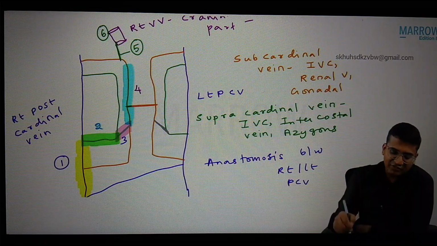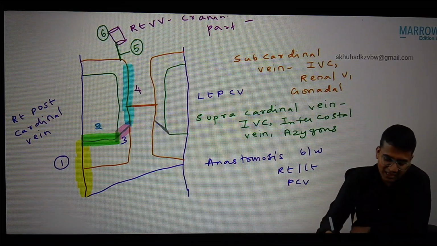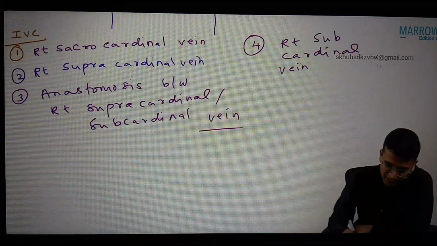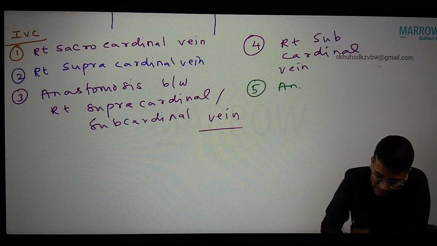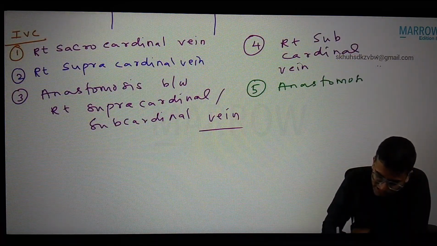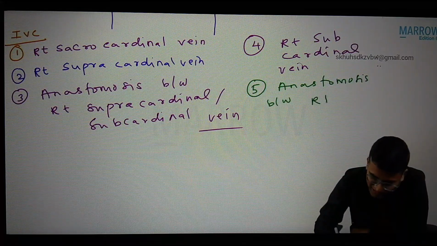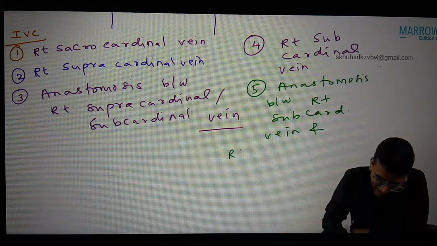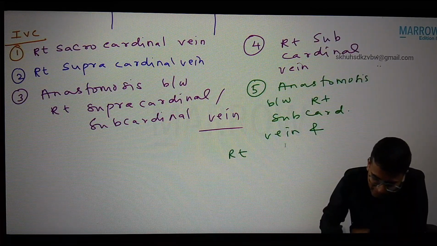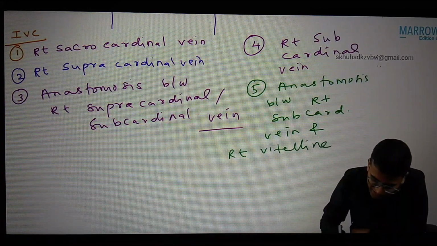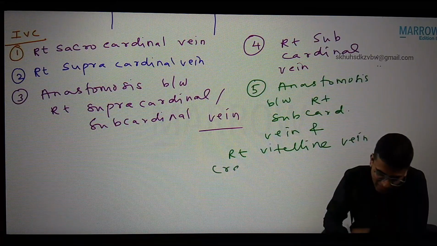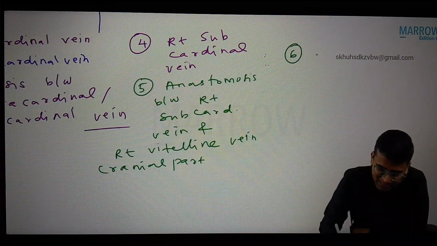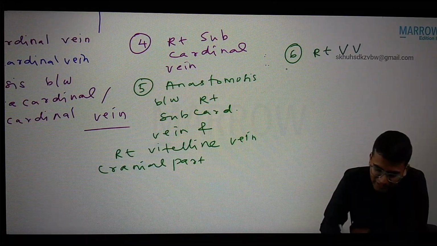Number 5 is the anastomosis between the right subcardinal vein and the right vitelline vein cranial part. And last, number 6, right vitelline vein cranial part.